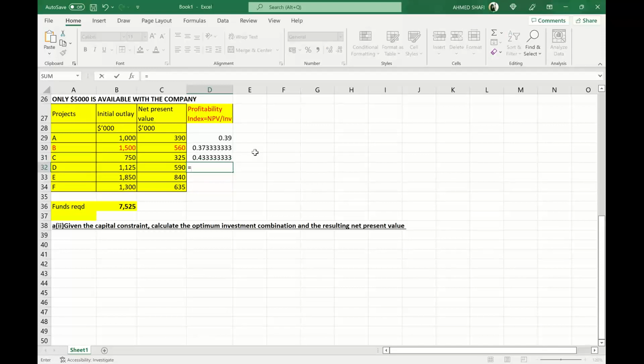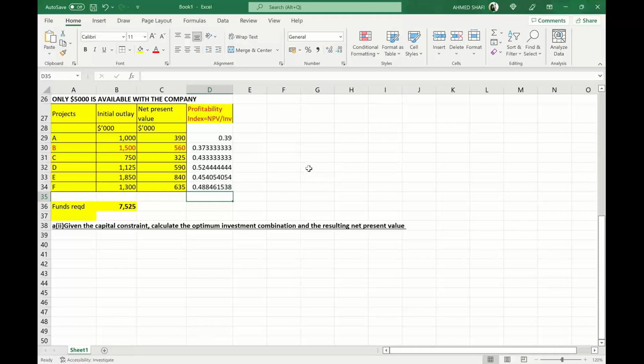Profitability index of D, NPV 590, over investment 1125, 0.52. Profitability index of E, NPV 840, over investment 18, 0.45. And profitability index of F, NPV 635, over investment 39. You get the profitability index of each.